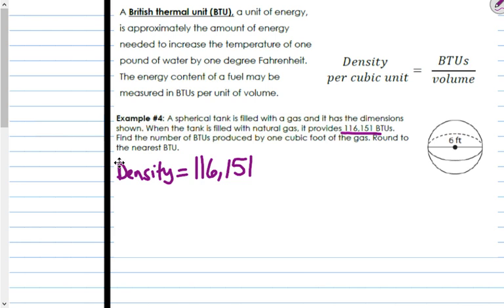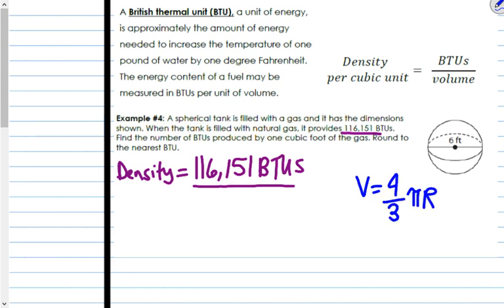So, I'm sorry, 116,151 BTUs. And we're going to need to divide it by our volume, which we don't know yet. So we're going to have to come over here and solve for volume. The volume formula for a sphere is 4/3 pi r cubed. So 4 over 3 times pi. Our radius is 3, half of 6, cubed. Okay?